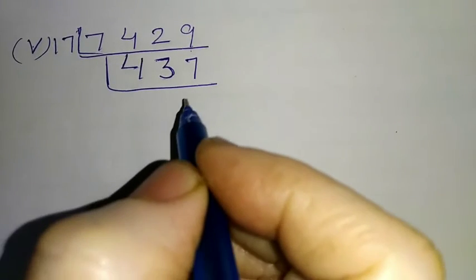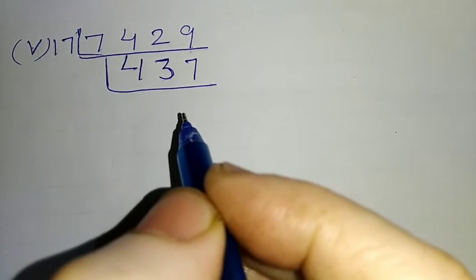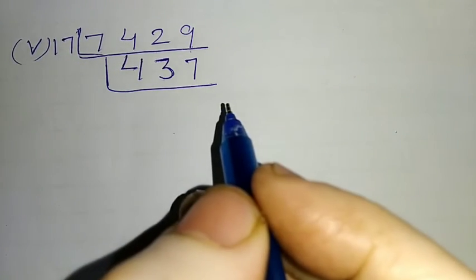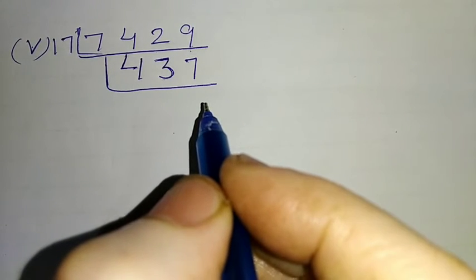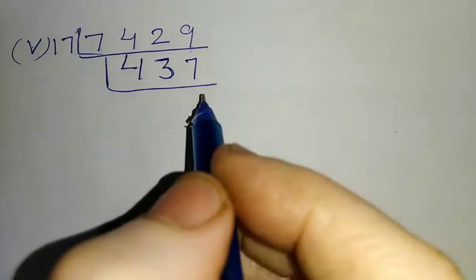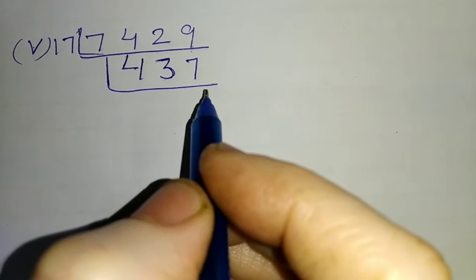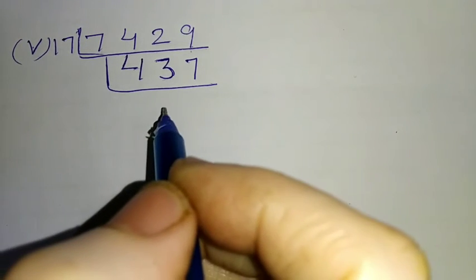Now this is not divisible by 2, 3, 4, 5, 6, 7, 8, 9, 10, 11, 12.